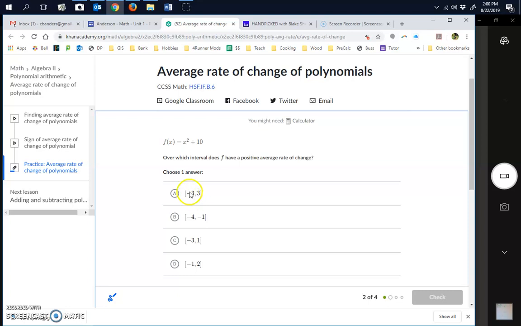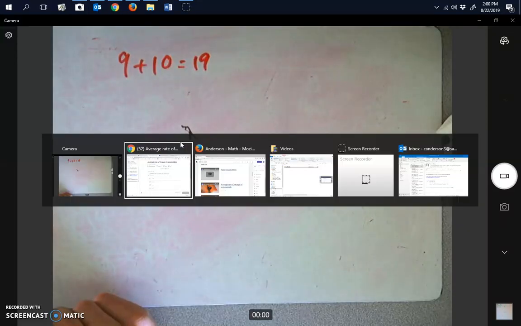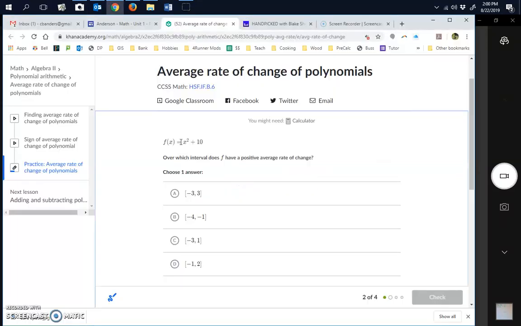So let's plug in -3 into the first question. So -3 squared is 9, plus 10 is 19. So I'm writing this stuff down on my board over here. And then you plug in 3. We get 3 times 3 is 9, plus 10 is 19. So here you go, that's 0. So A is 0, so it's not A. -4 squared is 16.